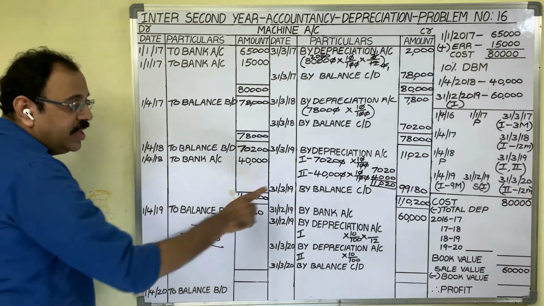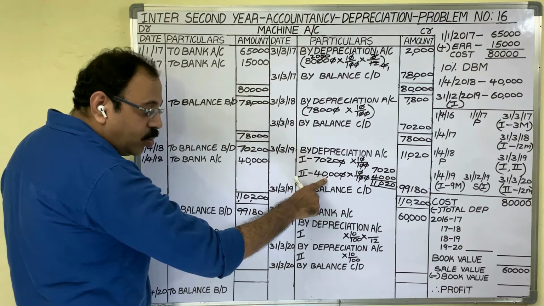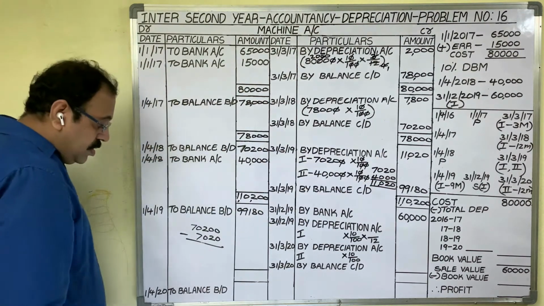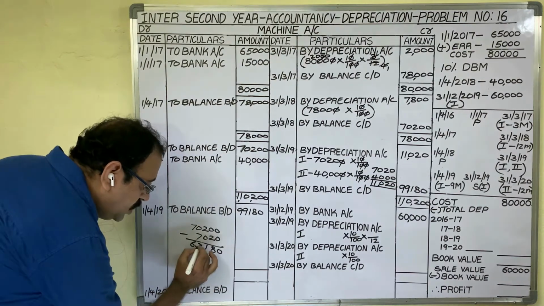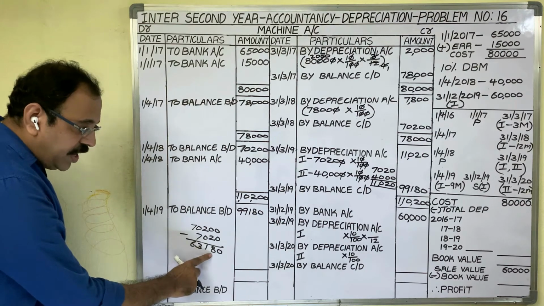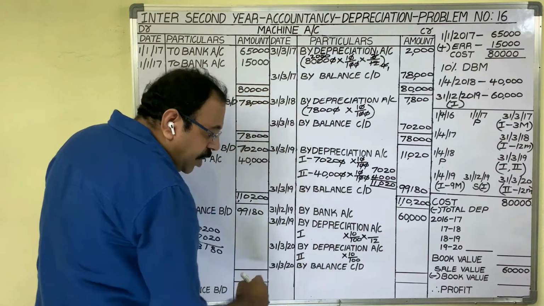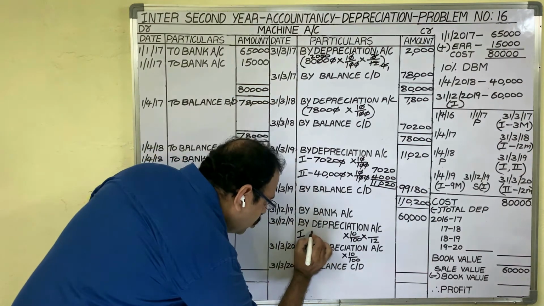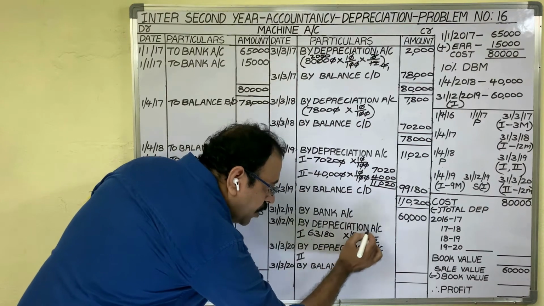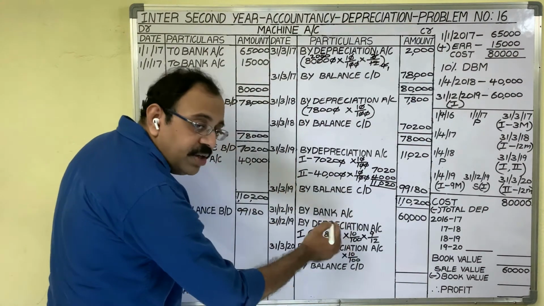That is why in third year separately we have calculated depreciation on two assets even though both are used for 12 months. Difference is 63,180. On 63,180, 10% depreciation we should provide for 9 months. 63,180 into 10 by 100 into 9 by 12. One numerator, one denominator we should cancel.